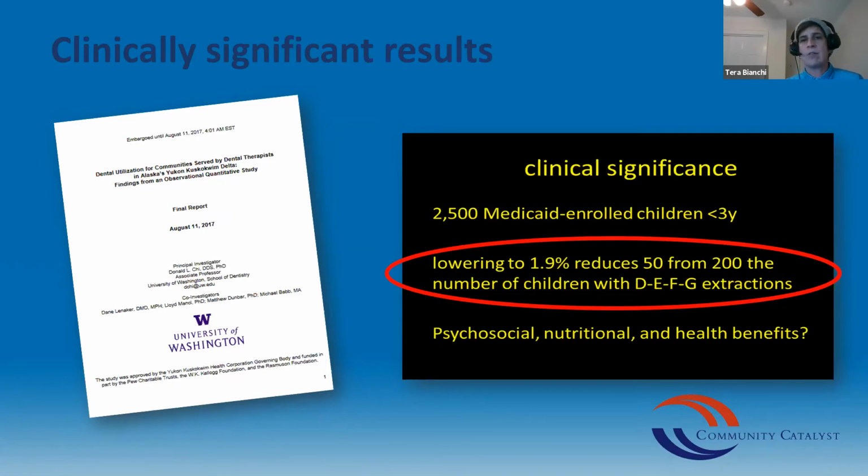He walked in skeptical and wasn't really sure that this was going to make a difference. When I asked him to give it to me in layperson terms, lowering 1.9%, what does that mean? So he spelled it out here. When you look at a population of 2,500 Medicaid and rural student children, that's like going from 200 folks getting their teeth pulled to 50.